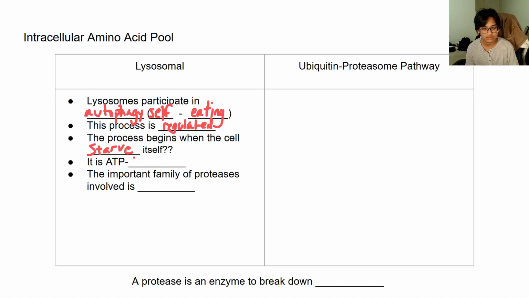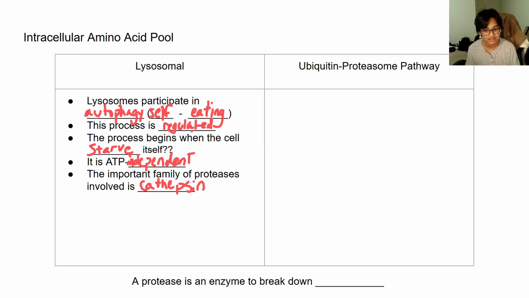So the lysosomal process is also ATP independent. Psych, you thought it was dependent. There's no ATP involved, from what I understand. And the important family of proteases involved is called cathepsin.